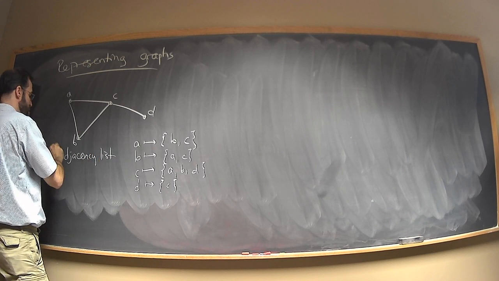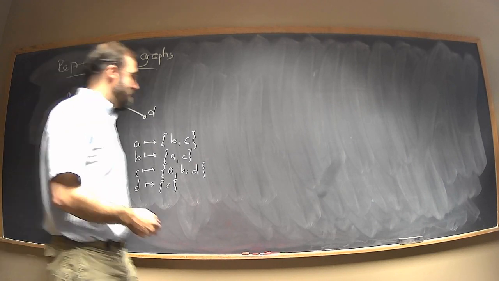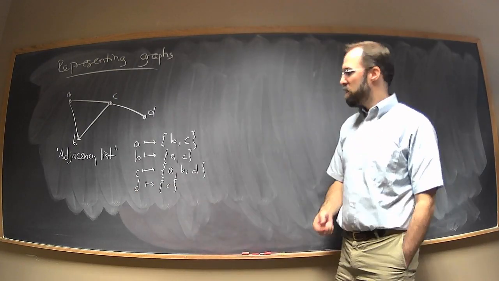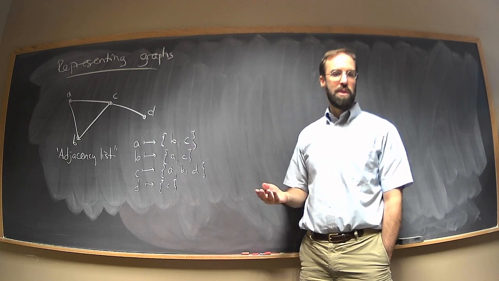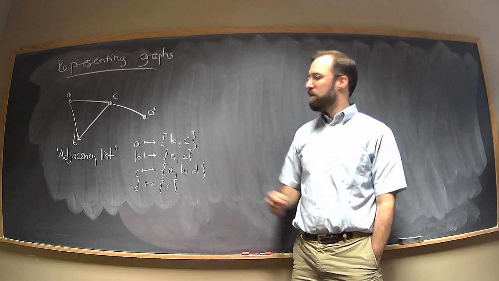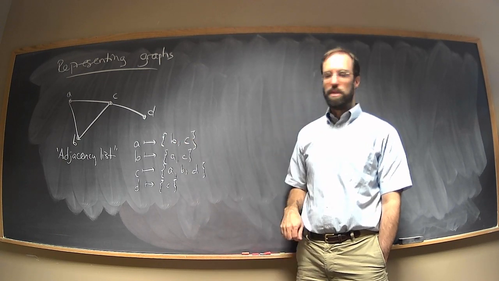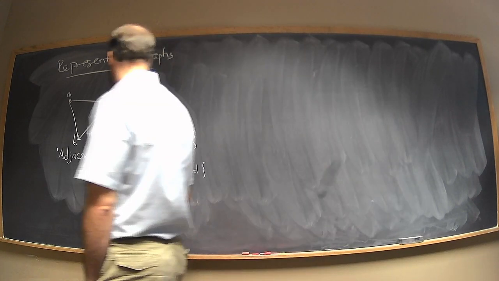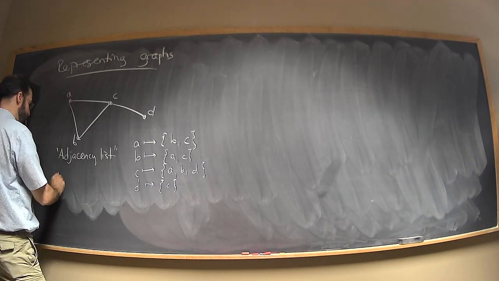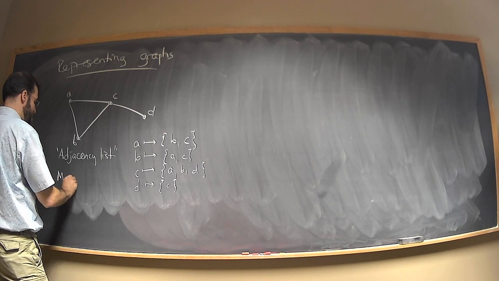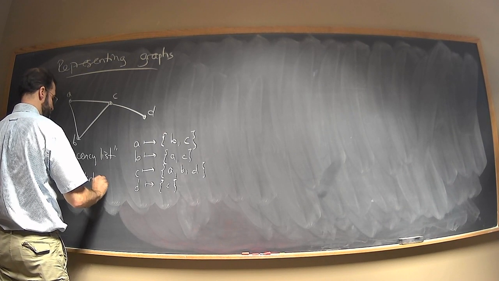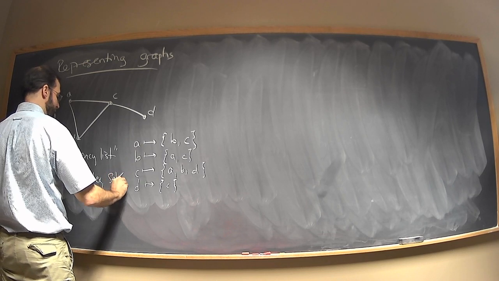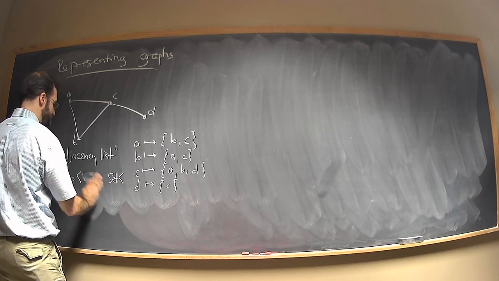Or, it's called an adjacency list if you think about having a list of vertices, but we often might use a set instead of a list because we don't actually care about the order, just which vertices are there. So this would be a dictionary or a map from vertex to set of V, for vertex.